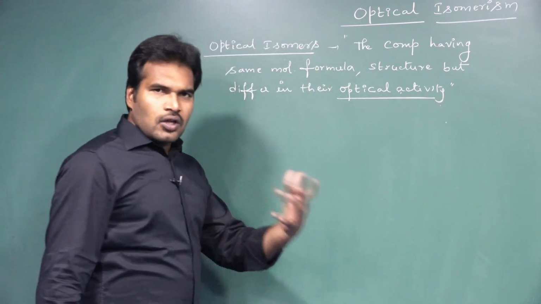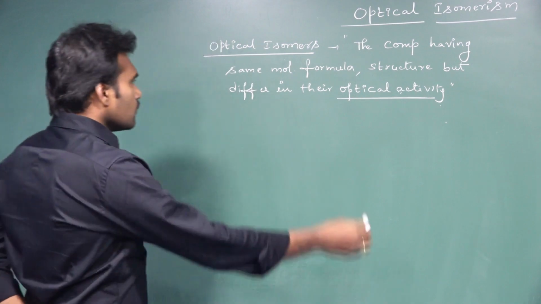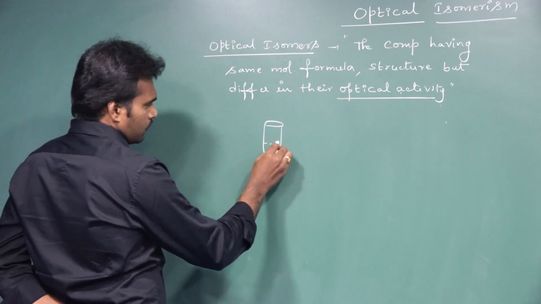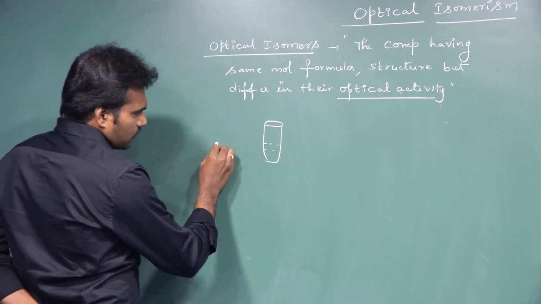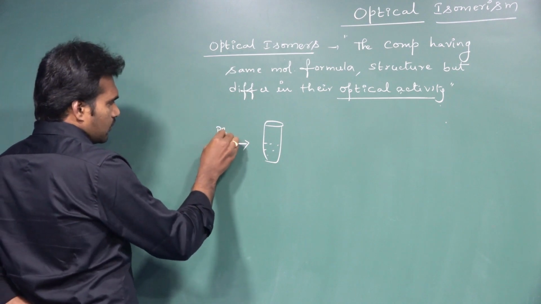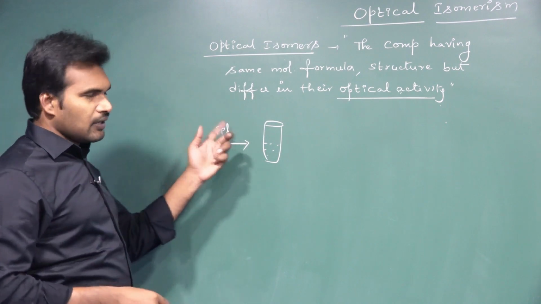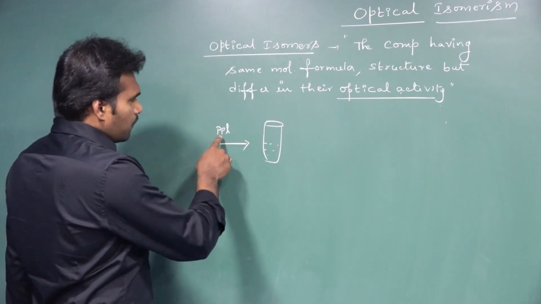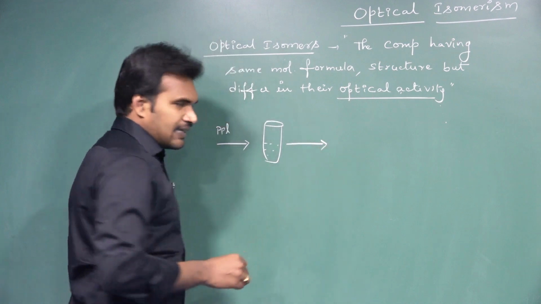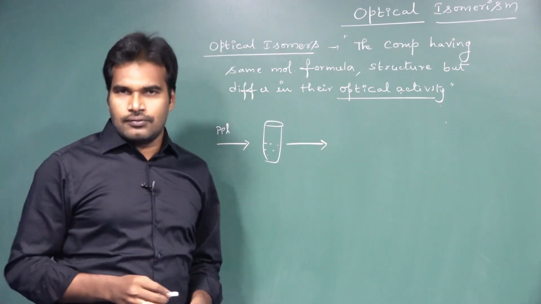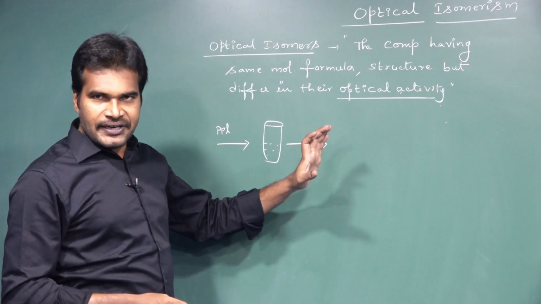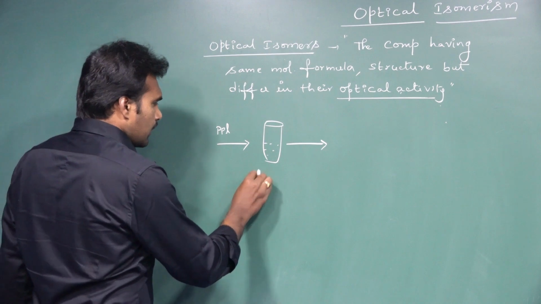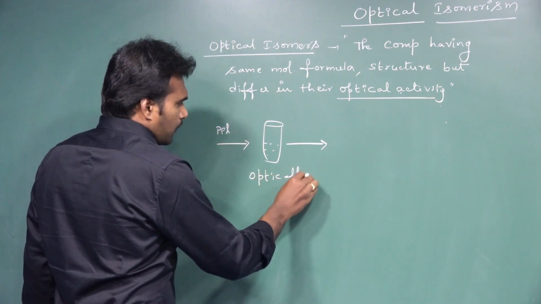Now, optical activity. What do you mean by optical activity? See, suppose you take a sample solution. If you pass plane polarized light, PPL, we will discuss later what a PPL is. If you irradiate the PPL into this solution, and the PPL comes out with the same angle as we irradiated it, then that compound is optically inactive.